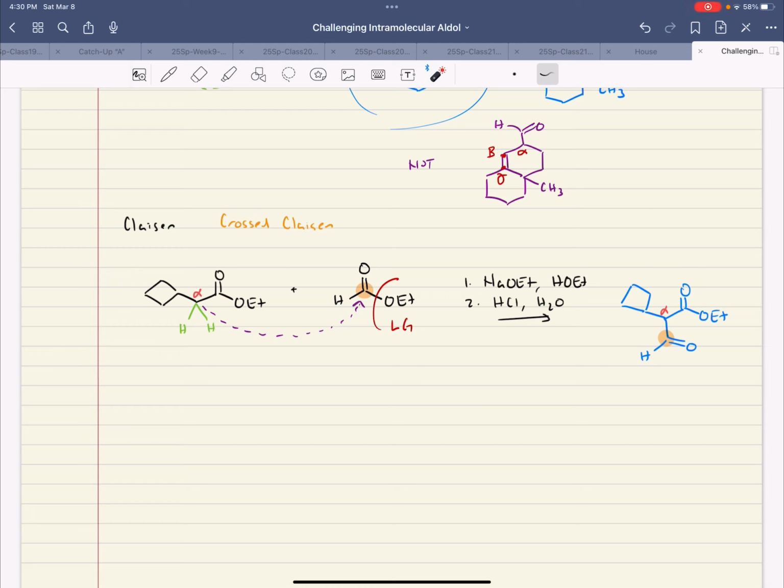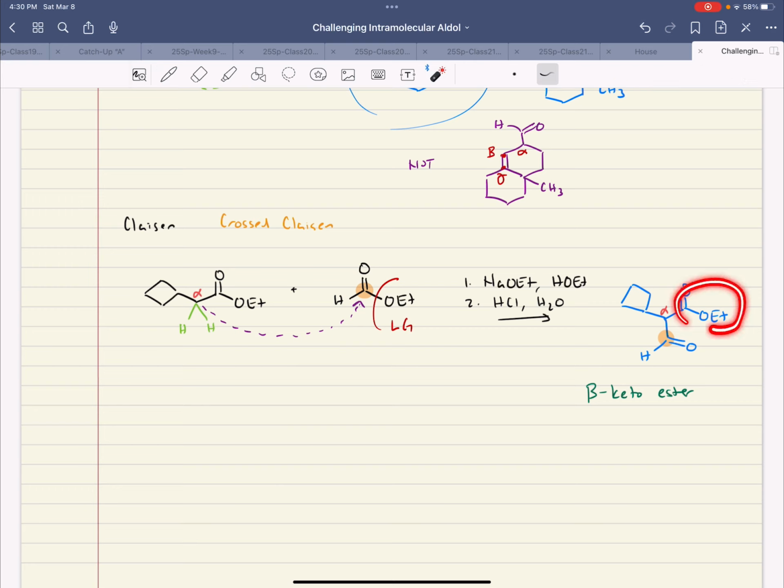So students kind of freak out when they see something like this. They follow the directions, or they follow their notes very carefully, and they kind of have doubts about, is that really correct? You shouldn't have any doubts if you made a beta keto ester, right? Because look at the alpha, and I'm using the ester as the starting point.